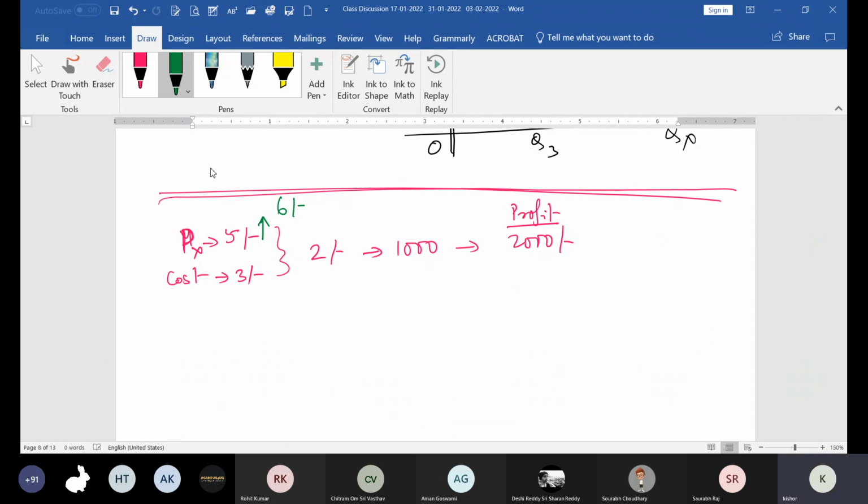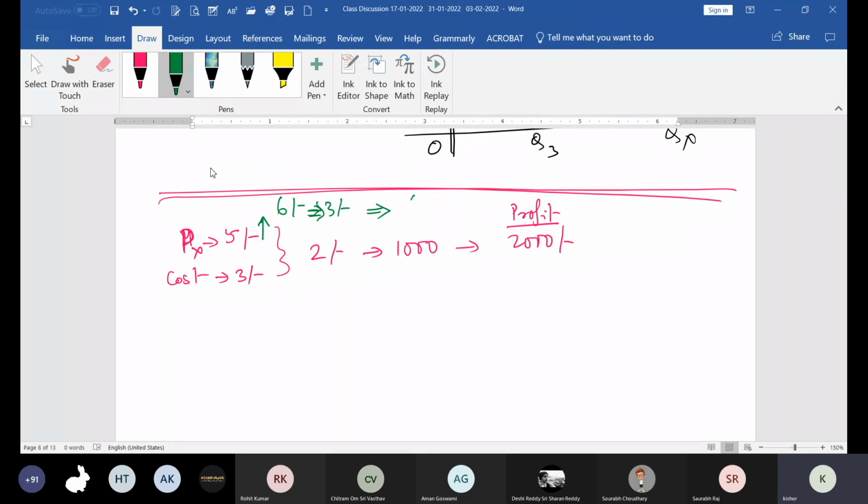When you increase price from 5 to 6 rupee, per unit profit is now 3 rupee, because I assume that cost of production is still 3 rupee. So 6 minus 3, per unit 3. But when price increases, demand decreases. Earlier, suppose you were selling 1000 units.